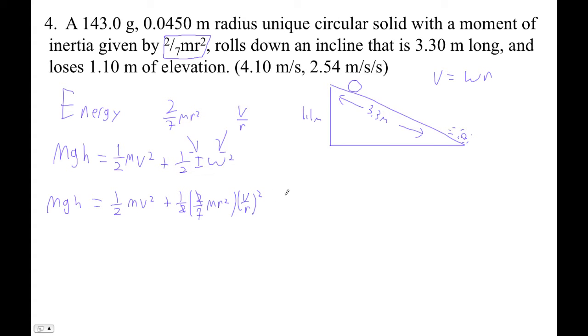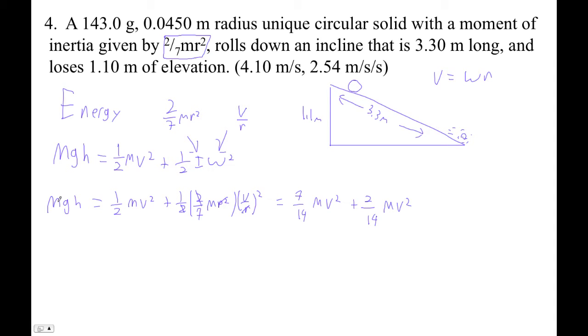The twos go away, the r squared and the r squared go away, and we end up with 1/2, which is the same as 7/14, mv squared, and then 1/7, which is the same as 2/14, mv squared. Is that the common denominator? I think it is the lowest common denominator because they're both prime numbers.